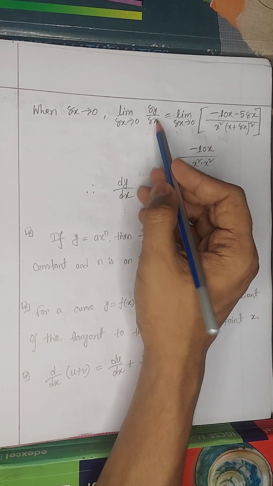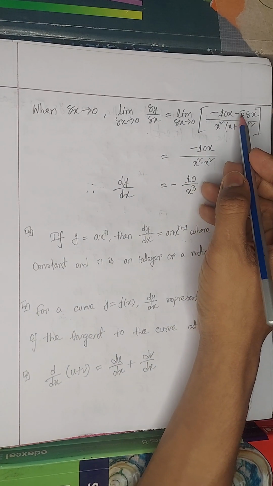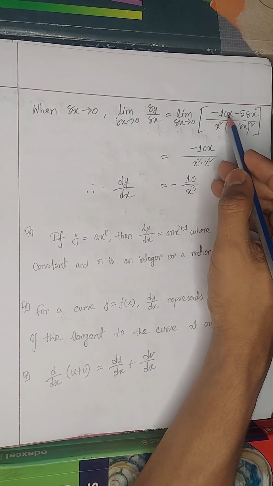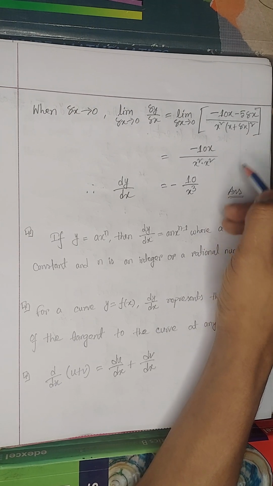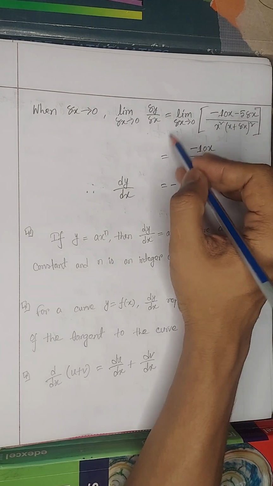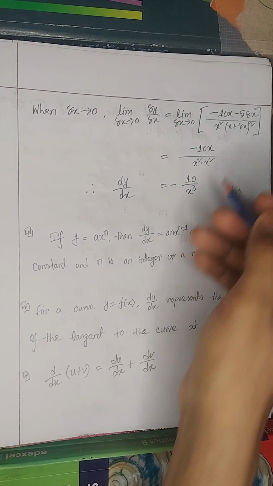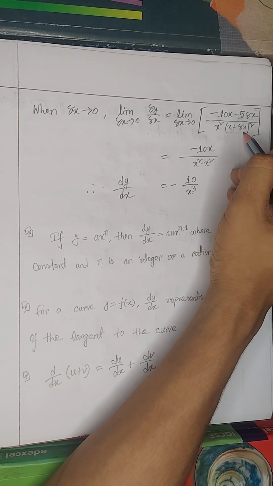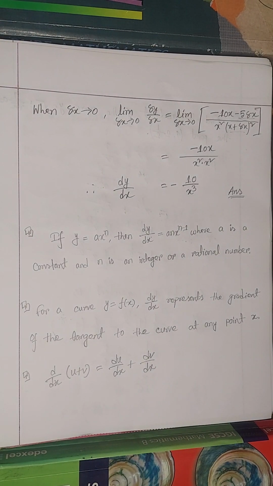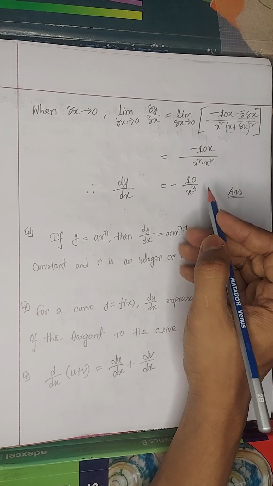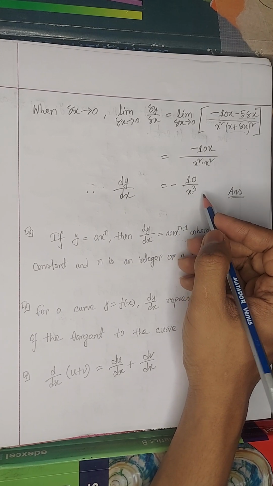The value of delta y by delta x we found before is minus 10x minus 5 delta x divided by x square times x plus delta x whole square. If the value of delta x is 0, then this part will be 0, and from this part we get x square. Now the value of dy by dx will be minus 10 by x cube, right?